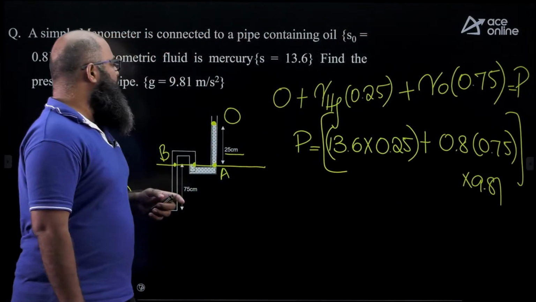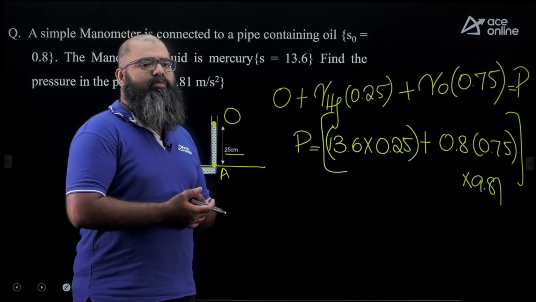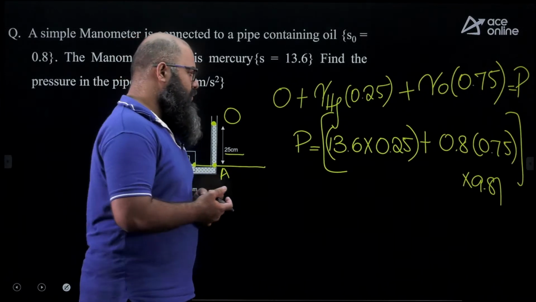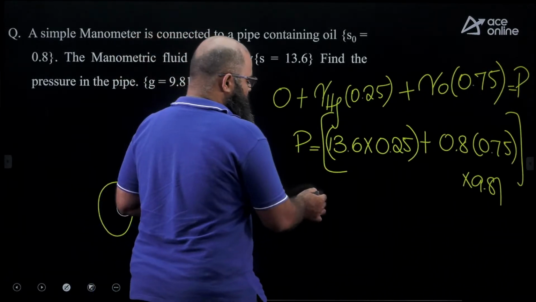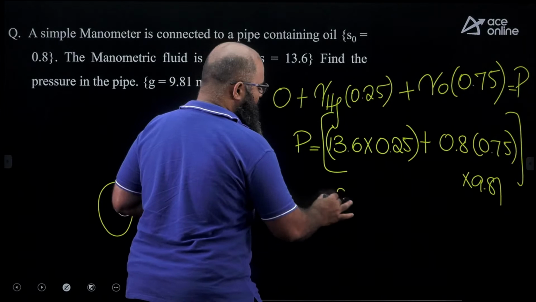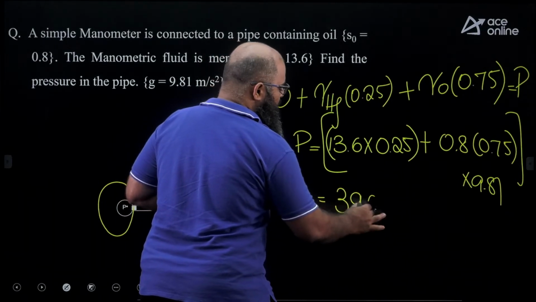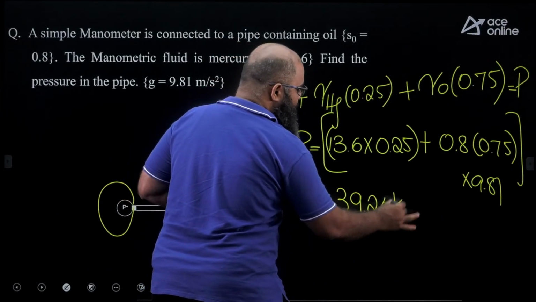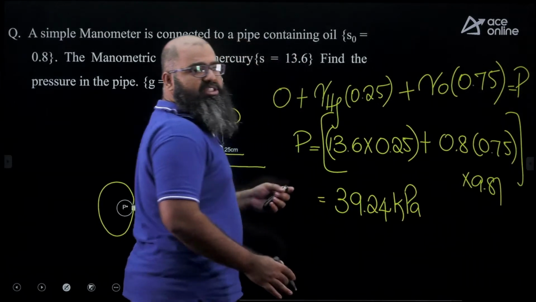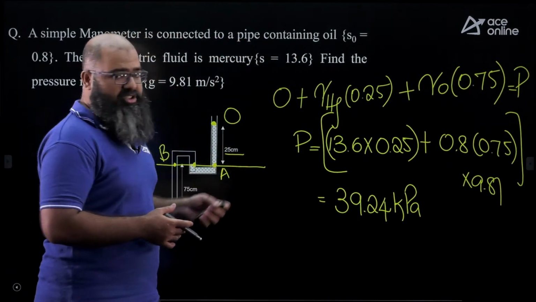Since the value of g is given as 9.81, therefore gamma of water is supposed to be 9.81 kilonewton per meter cube. If you calculate this value, this is a very simple calculation, you will get the value of pressure as 39.24 kilopascal. Now mind you, the pressure we have got over here is gauge pressure.